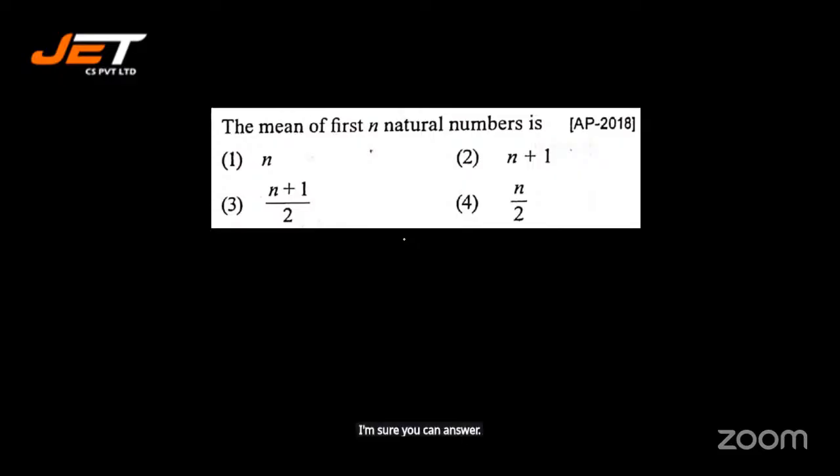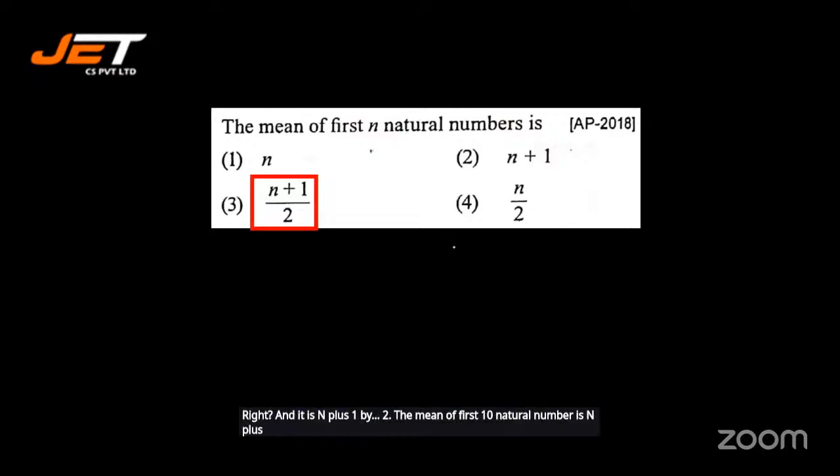This was asked in the year 2018. And it is n plus 1 by 2. The mean of first n natural numbers is n plus 1 by 2. Right.